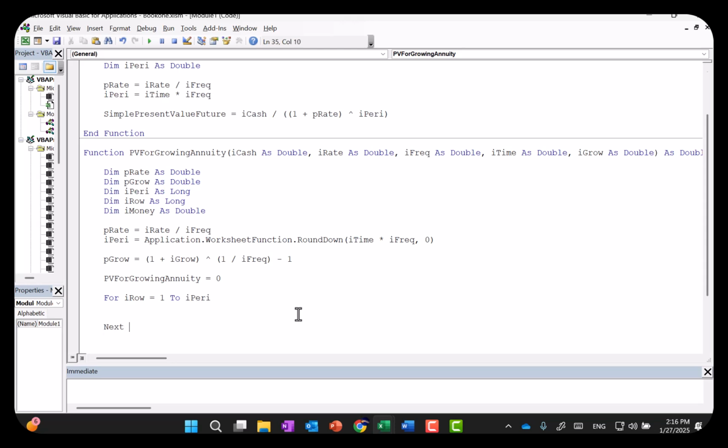So let's do this. First and foremost, let's get iMoney started. First time we use it, it's going to be iCash, which is the first period's payment.